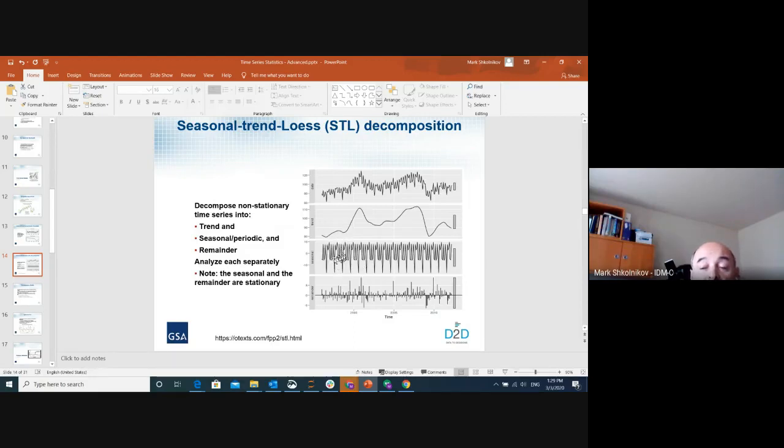So now we have decomposed the signal that was difficult for analyzing and modeling, and we have extracted the trend, and for that we can use the running average or moving average technique, and we got the periodic component of it, and we can analyze them separately.